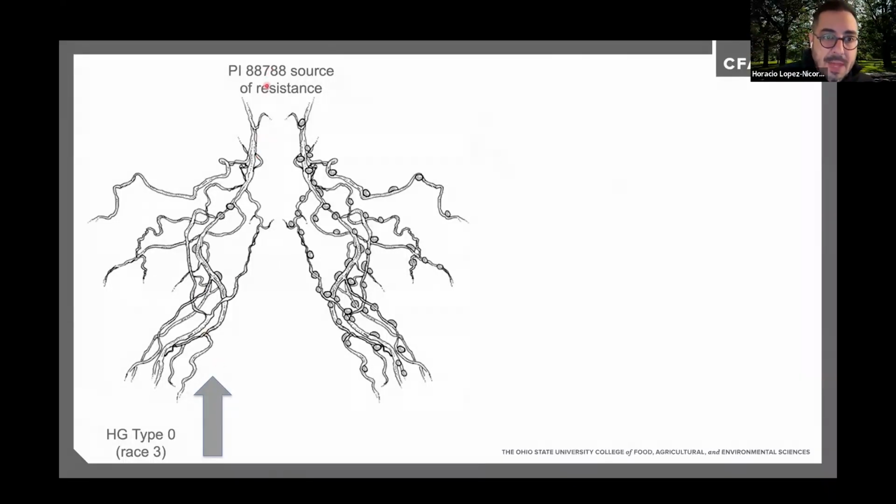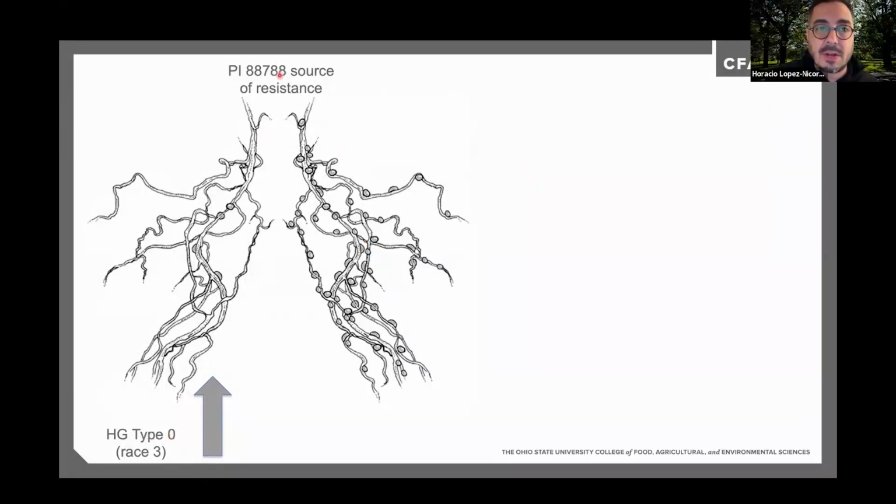So notice how PI 88788 was actually preventing the reproduction of the nematode compared to a susceptible. That population was not able to reproduce above 10% compared to a susceptible. And that's what makes that population a type 0.